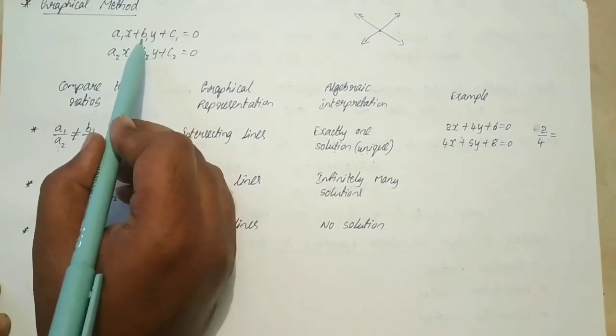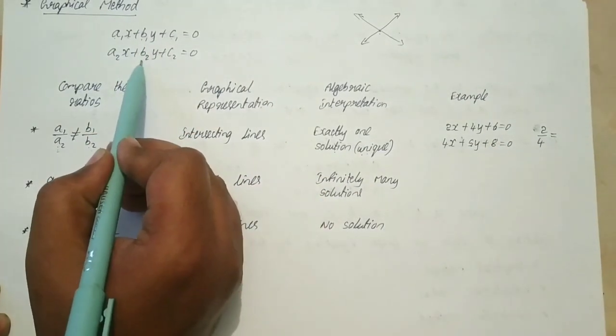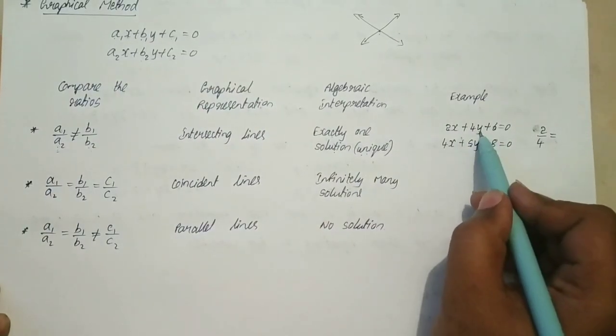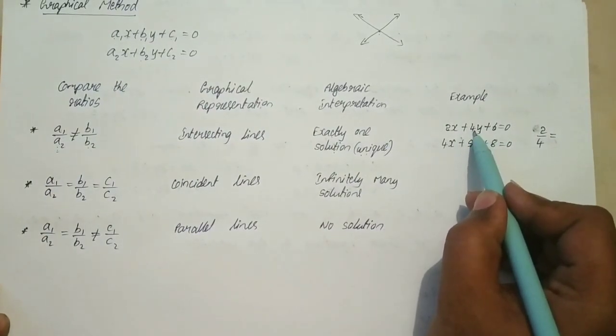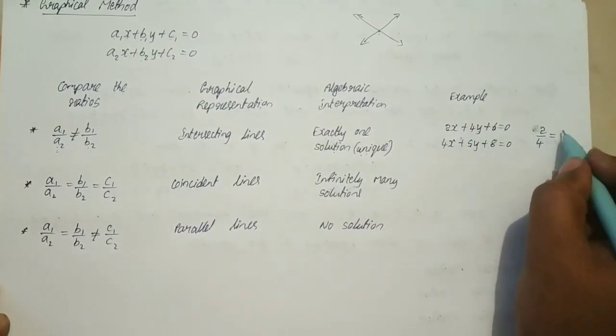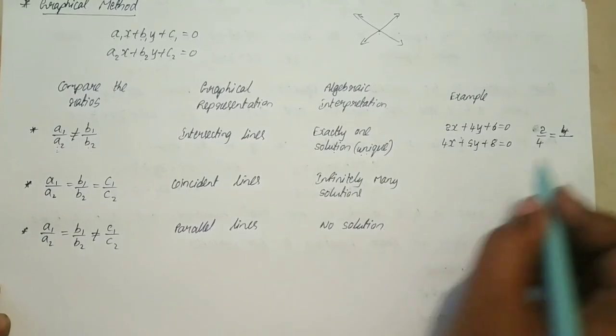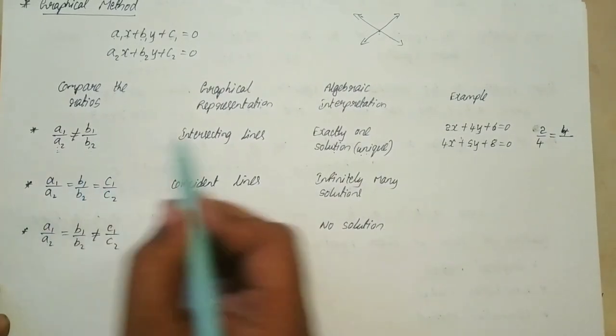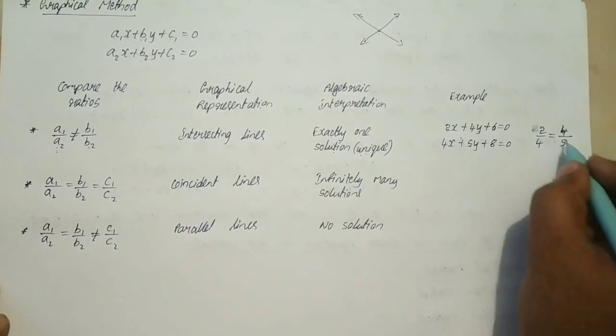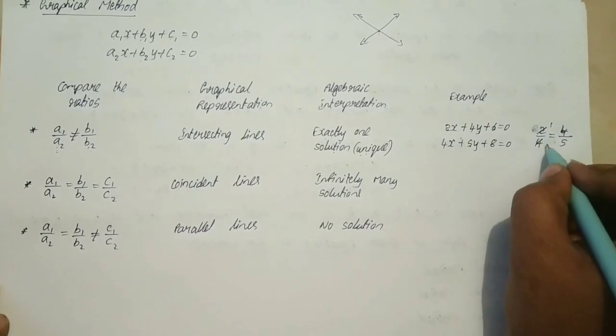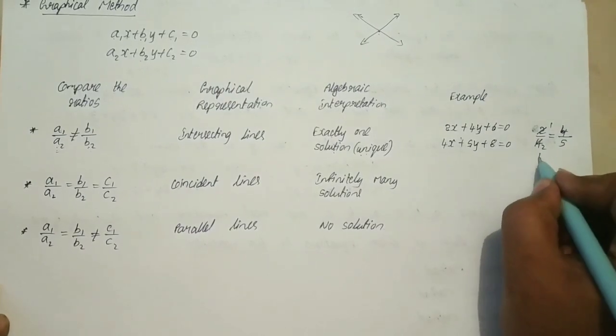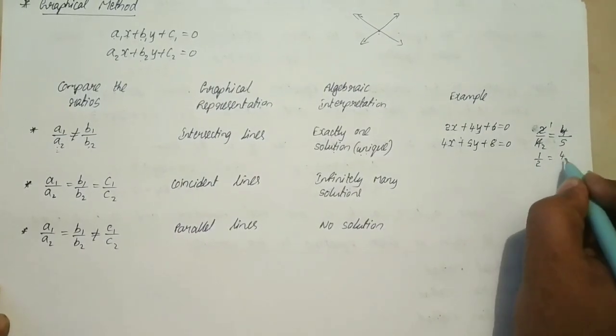In the first equation the coefficient of y is b1, in the second equation the coefficient of y is b2. So b1 is 4, divided by b2, which is 5. And 2 ones are 2, 2 twos are 4. What we got here is 1 by 2 is not equal to 4 by 5.